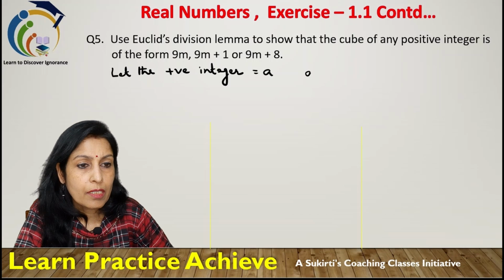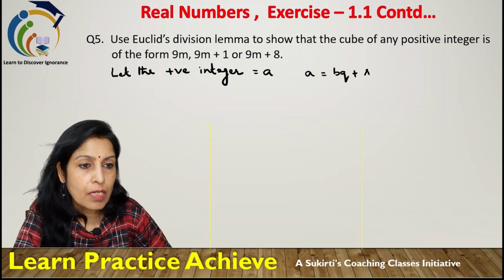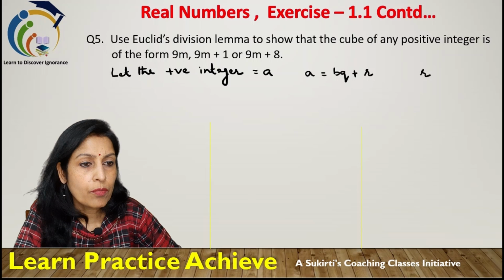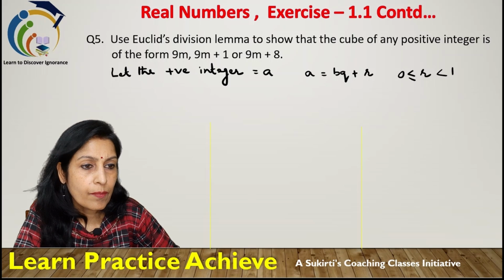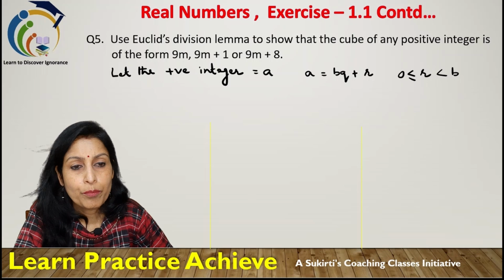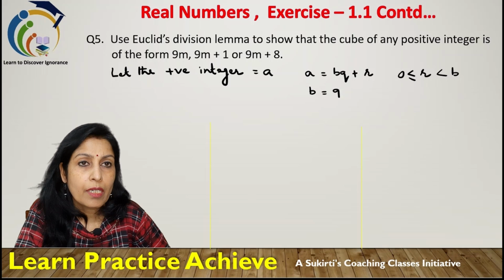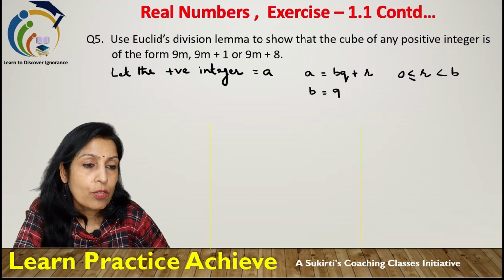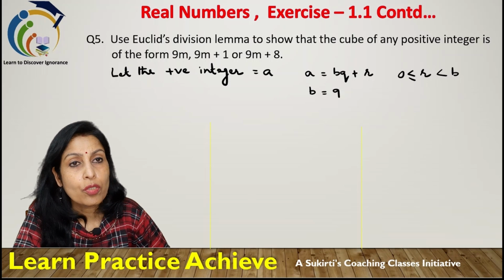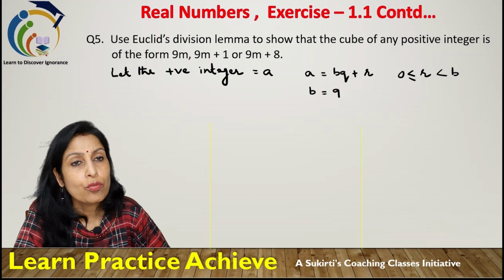So what is a? a is equal to bq plus r, and the value of r is greater than or equal to 0 and less than b. So what is b here? According to the question, b is equal to 9 here. But if we take 9 as b, then what is the value of r? The value of r should be from 0 to 8. So the calculation will be too long.